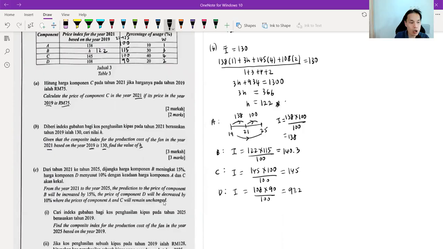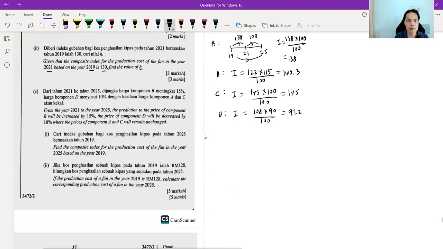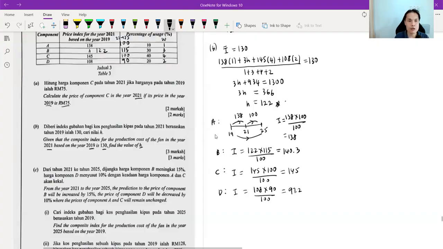Okay, so now that I know all these indices, the next thing to do is to multiply with the weightage. We know the weightage is 1342, right? So let's take the composite index. This will be from 2019 to 25.